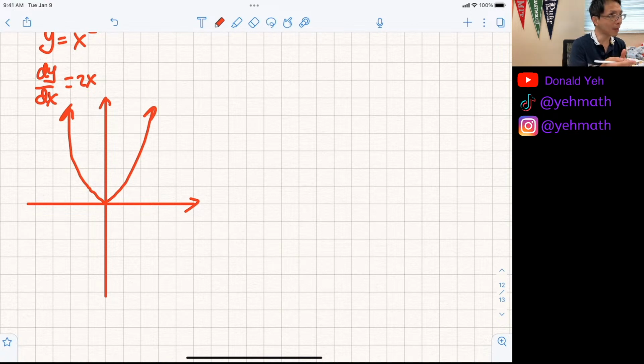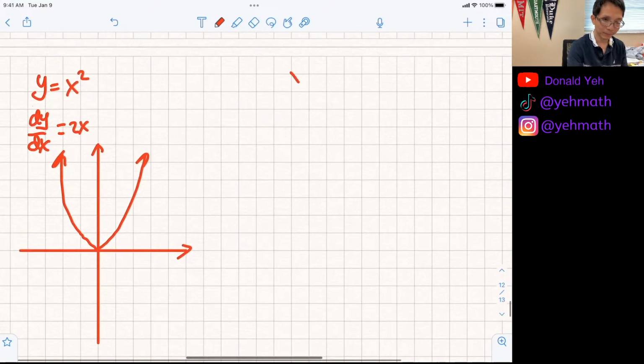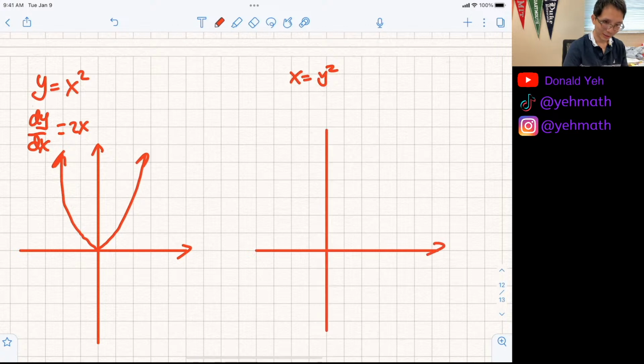Can you think of the same thing, but not a function? What about a horizontal parabola? It's going to be x equal to something. On the SAT, on the ACT, it doesn't matter.